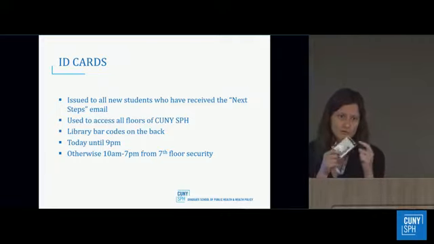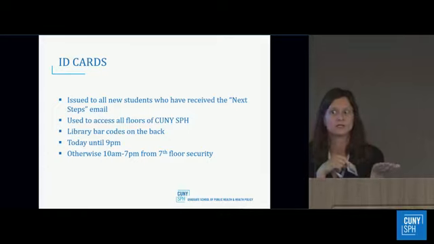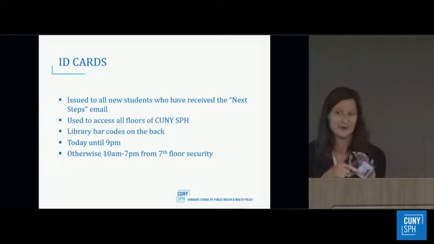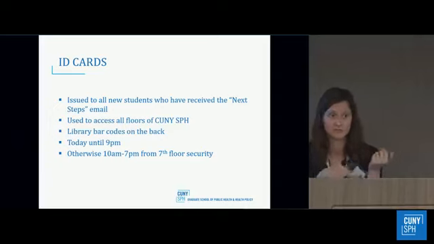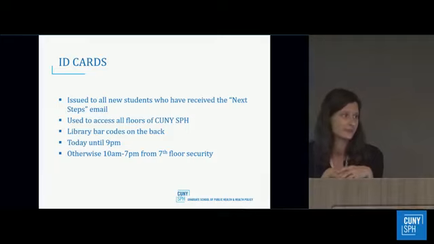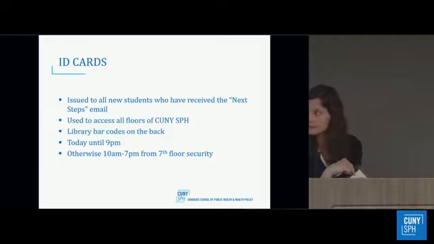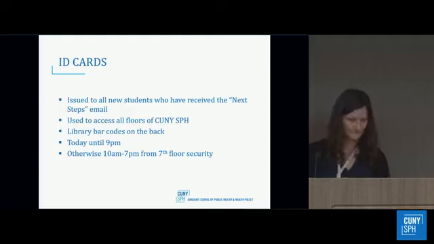It also has your library barcode on the back, and we'll have more information about library services a little bit later on. You can get one today if you really want to. They're available today until 9 p.m. after orientation if you just want to get it over with. Otherwise, security is available every day for you to come in and get your ID.